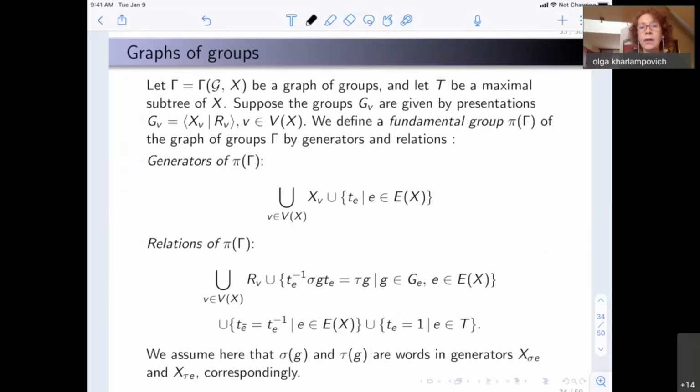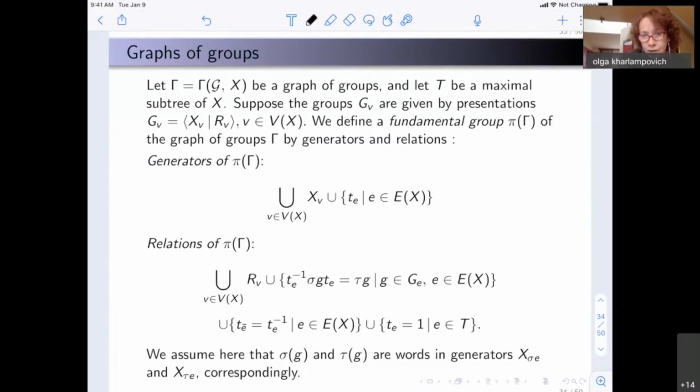Then we say that T of E bar is the same as TE inverse, which is natural: if we go along the edge in one direction, we think about TE, and in the other direction, TE inverse. And then we also kill all the letters T for edges in the tree, so for the edges which belong to this red tree from the previous slide, the letter T is killed.